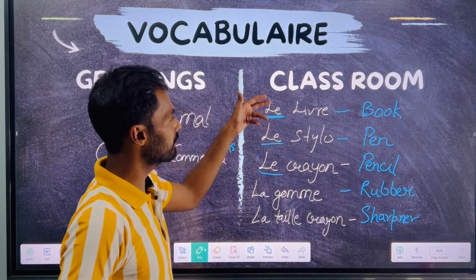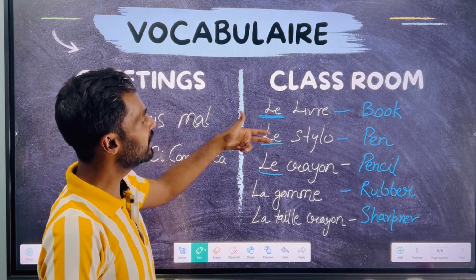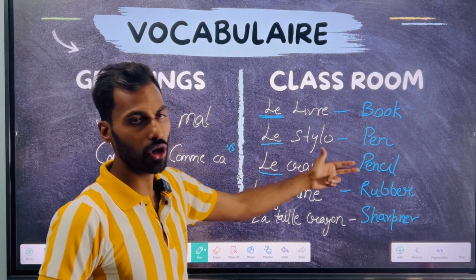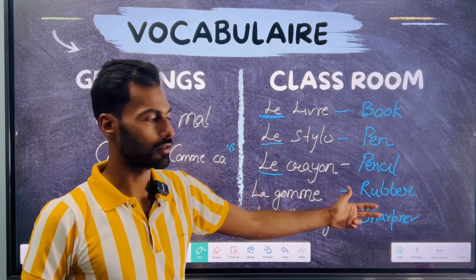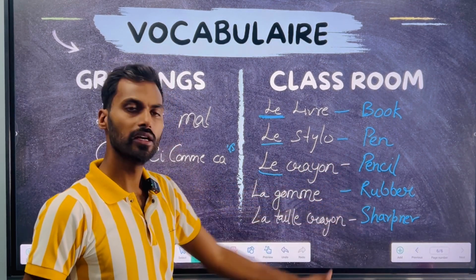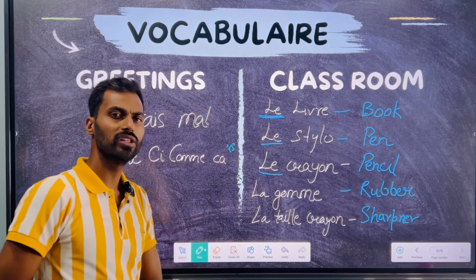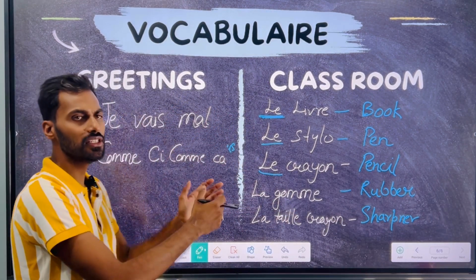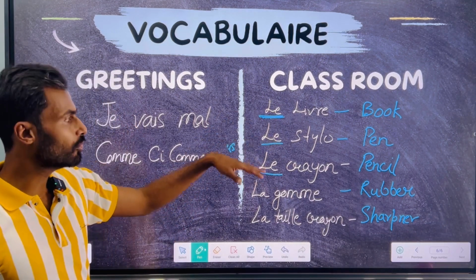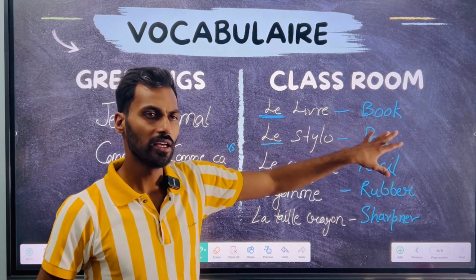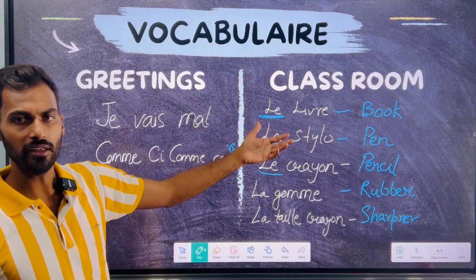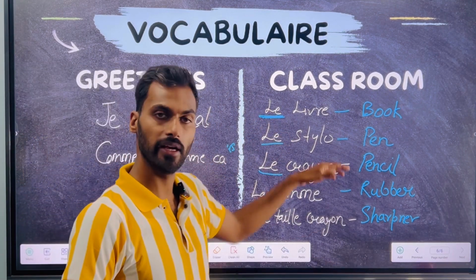So let's just practice: le livre, book; le stylo, pen; le crayon, pencil; le gomme is rubber, and then le taille crayon is your sharpener. So you can just pause the video, go through these words and learn them, because I have to clean up the board. So just pause the video and learn this. Now I will be writing the further words here itself.